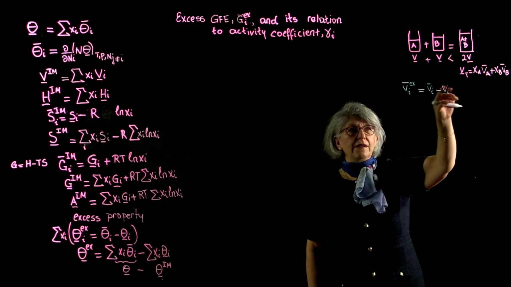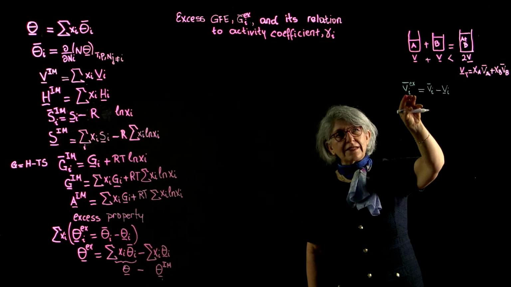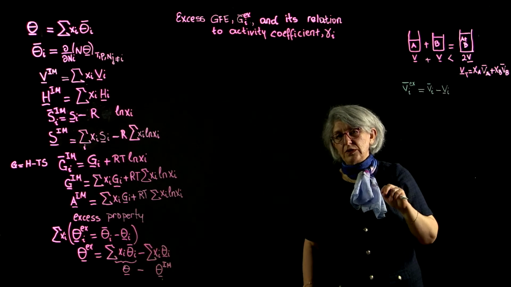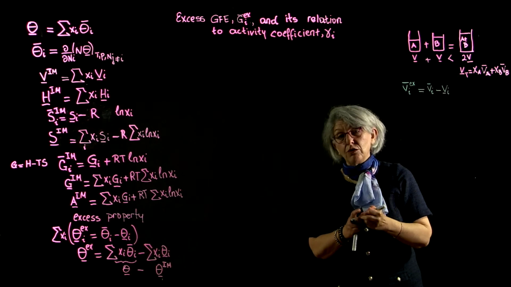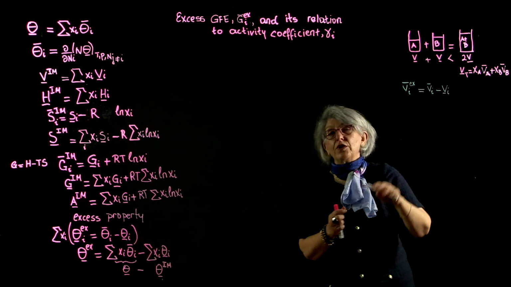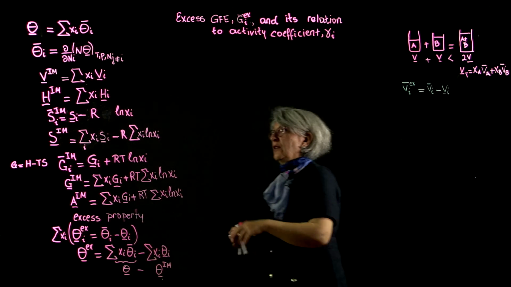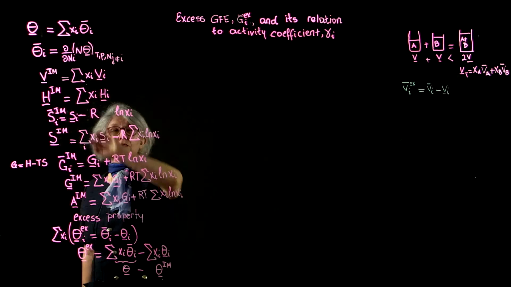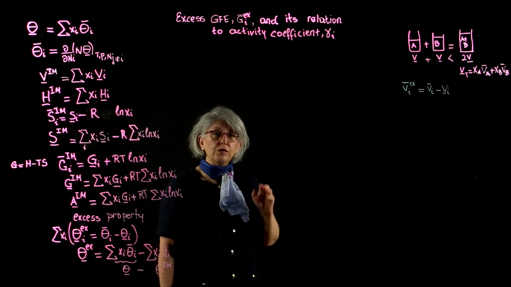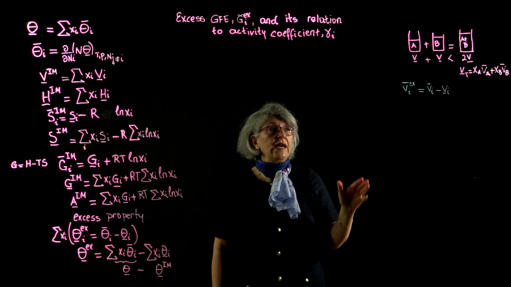So, of course, the excess partial molar volume is going to be 0 for an ideal mixture, because for an ideal mixture, our molar volumes are equal to our partial molar volumes.